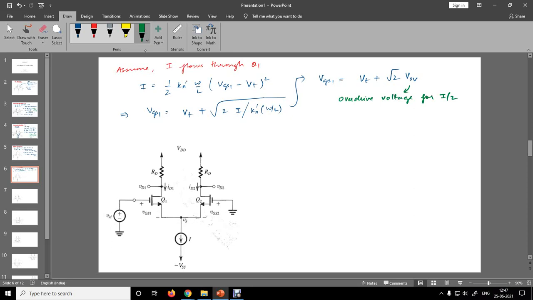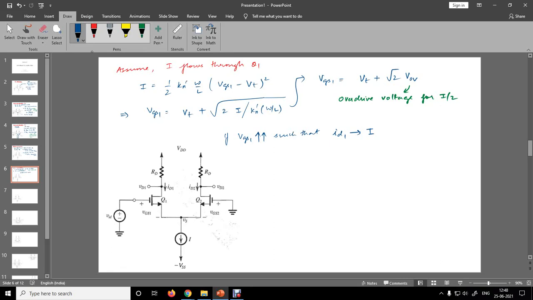Now see, if VGS1 keeps on increasing in such a way that ID1 will become I, then in that case VGS2 will actually decrease to VT. What I meant is, if VGS1 increases such that ID1 approaches I, it means all the current is flowing through Q1 now.